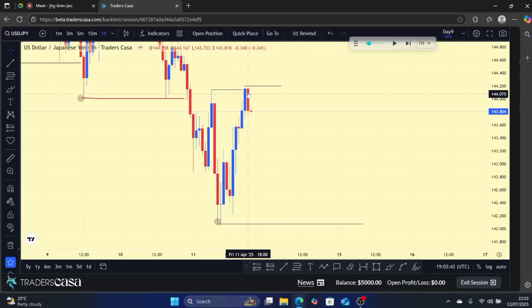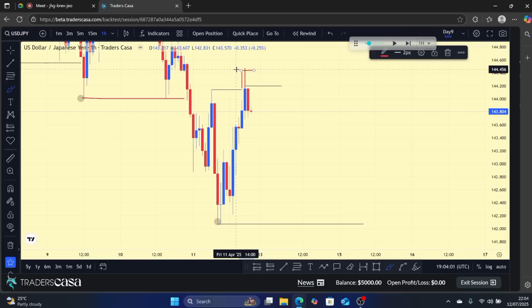So right here, I can see this was a body closure, but in this case this is an exemption and this can be used as a sweep, because number one, you can clearly see that this body was not that huge. The closure was right here.